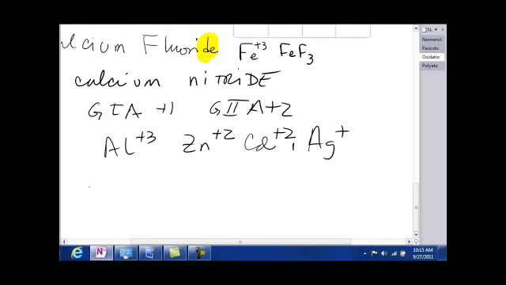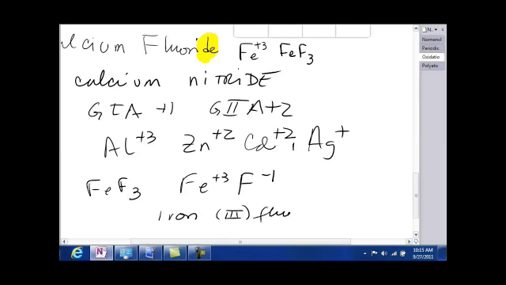FeF3, I need to think, okay, if this is what came my way, FeF3, I need to do the reverse of the crisscrossing. So that 3 goes up there, like I had it up there. That 1 goes up there. Okay, so I'm thinking iron is a +3, F is a -1, and I call it iron Roman numeral 3 fluoride. So I am changing my naming rules because I am changing categories.